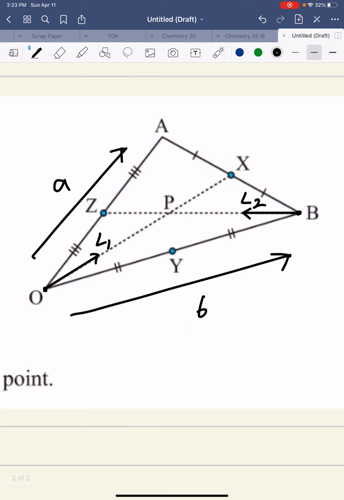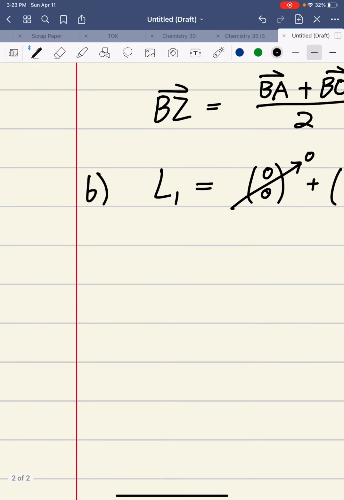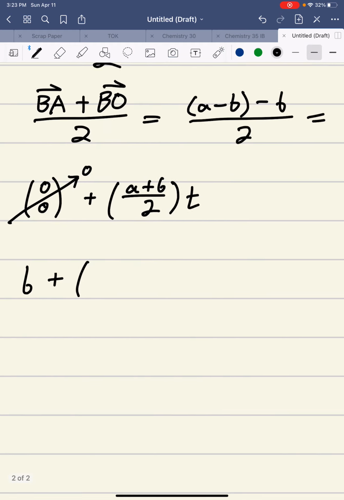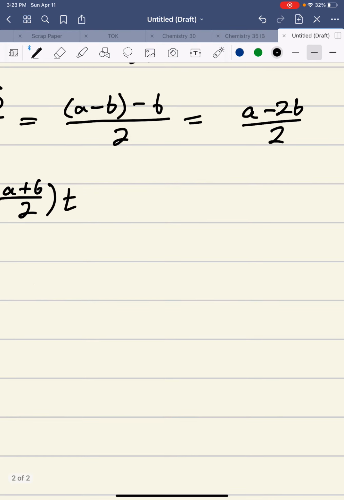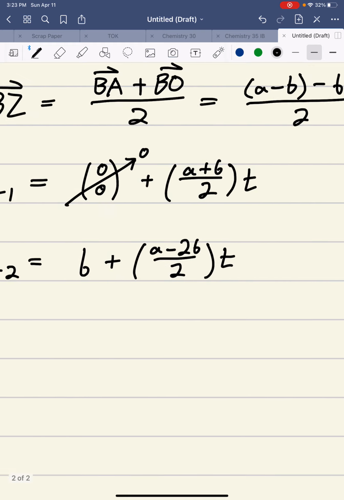Next is BZ. BZ is a little trickier because the position vector this time is just b, so it actually does have a position vector in this case. So line 2 is equal to the position vector for B, so that's just OB, or also just b, plus the direction of BZ, (a minus 2b) over 2, multiplied by t. So these are our two lines.